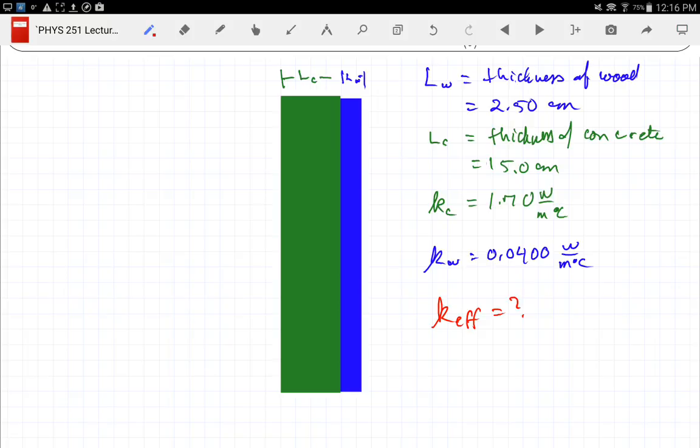So we have the equation for heat conduction that says the rate of conduction is equal to K multiplied by the area that it's going through divided by the length it goes across, and then times the temperature difference. Well, let me just put delta T, it's shorter. Now in my problem, what direction is heat flowing?